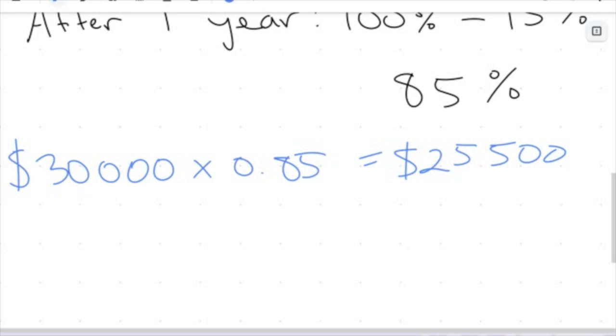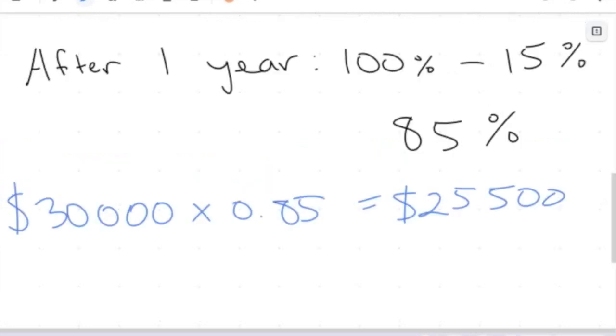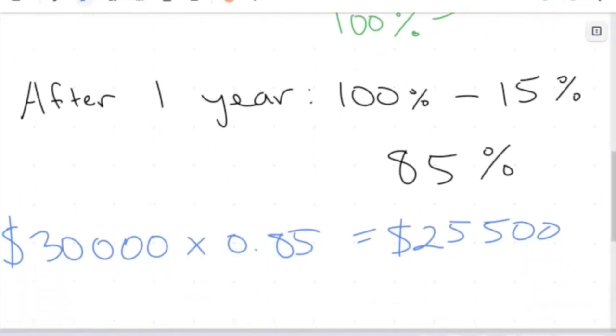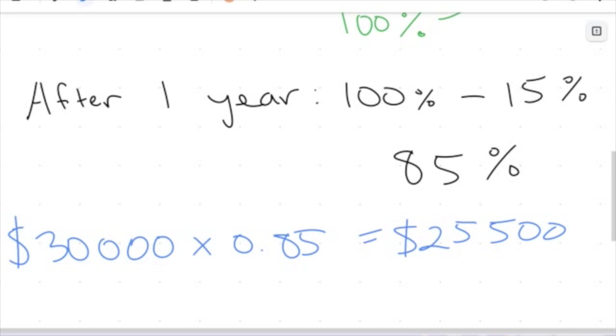Now, if I were to go 2 years, my car price at the end of 1 year is going to become my input for my second year of depreciation. So I've bought this for 30,000. The first year I have it, it's worth 30,000. The next year, it's going to drop to 25,500.